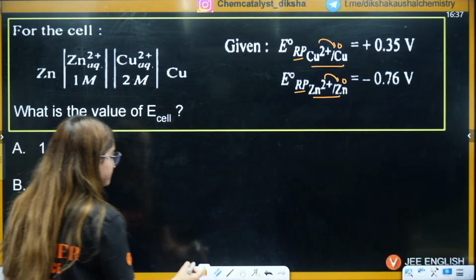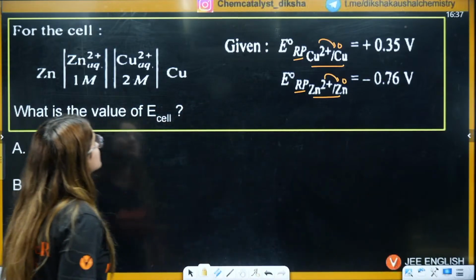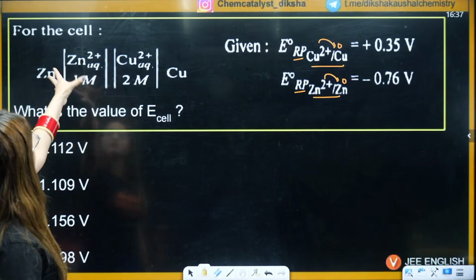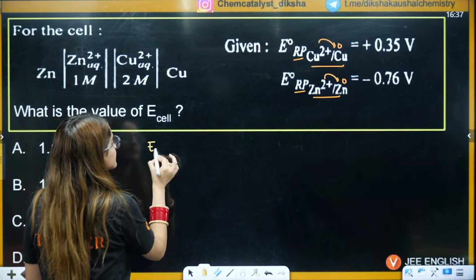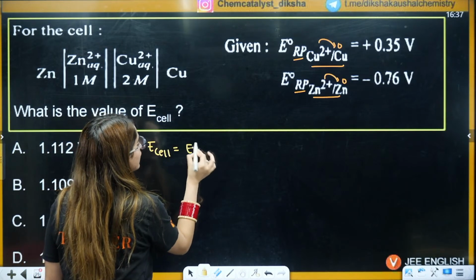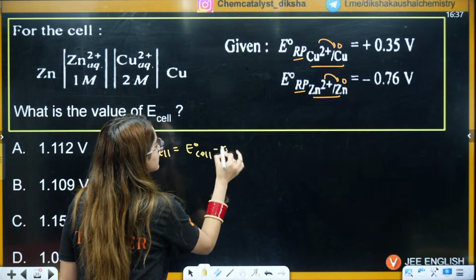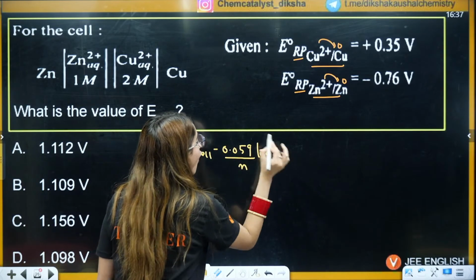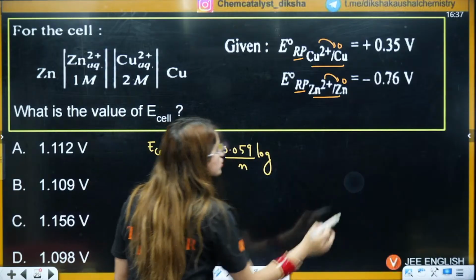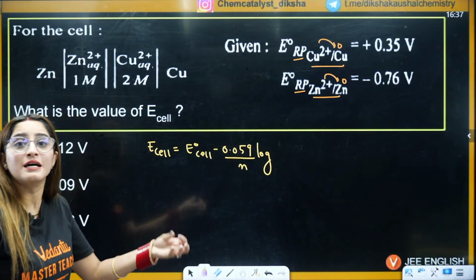Now next, for the cell, this is given to you, what is the value of E cell? We know that E cell is equal to E naught cell minus 0.059 divided by n factor, log of. Now for this we have to write the reaction here.